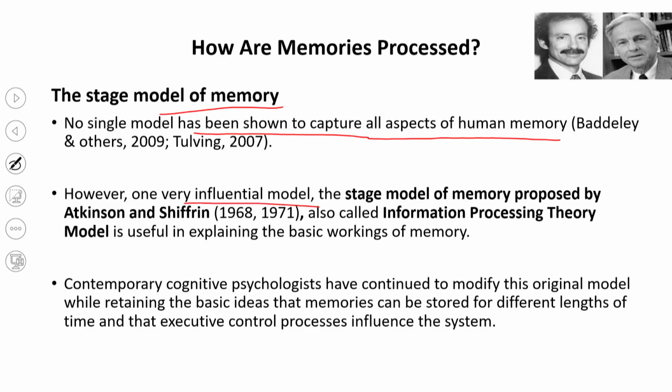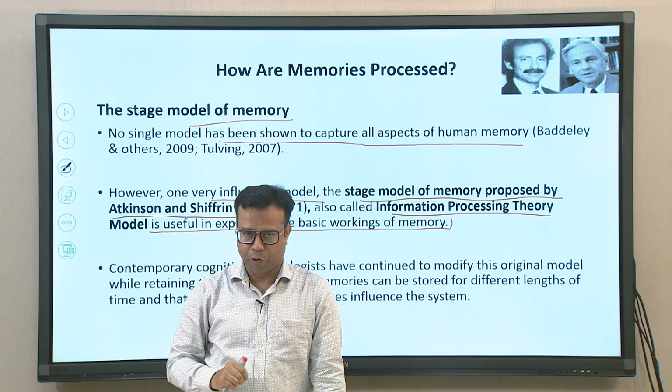This very influential model, the stage model of memory proposed by Atkinson and Shiffrin in the 60s and 70s, is also called the information processing theory model. It is useful in explaining the basic working of memory. To understand how memory works in a very simple and basic way, this model is very helpful, so we will talk about it.